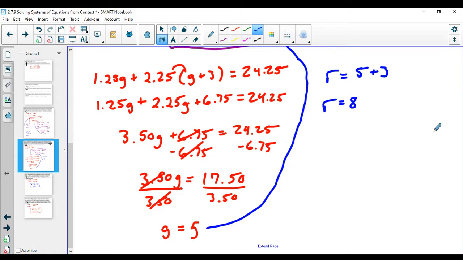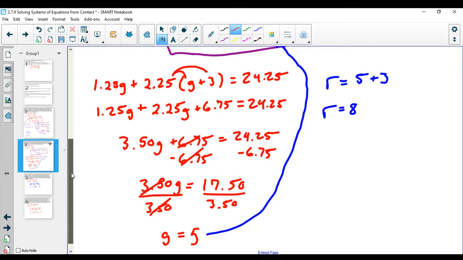I'll leave this up a little bit in case anyone is still writing. Any questions on this one? And if you plug 5 and 8 back in, it should make sense in both equations, right?